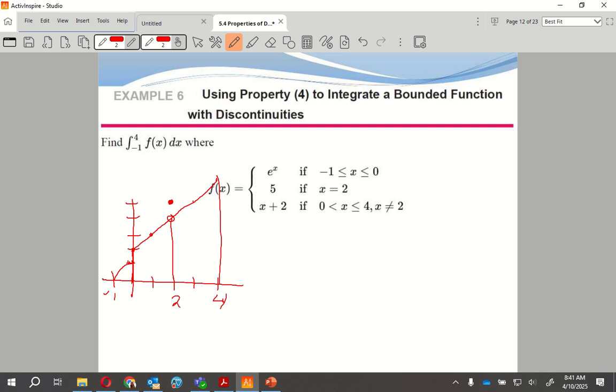So I'm gonna take the integration from -1 to 0, and that's gonna be e to the x, plus integration of, where am I at? 0 to 2.